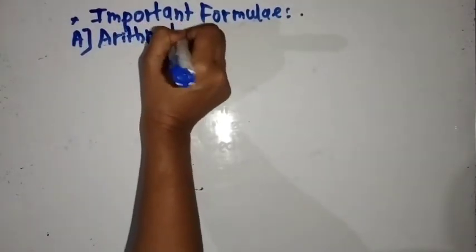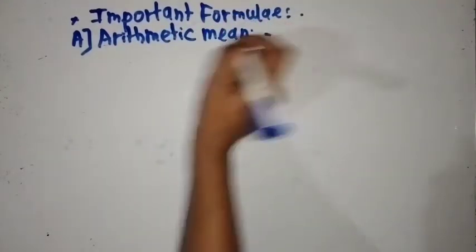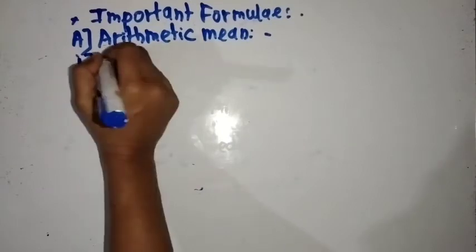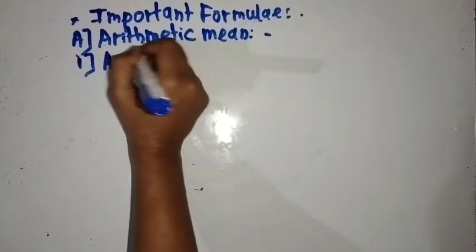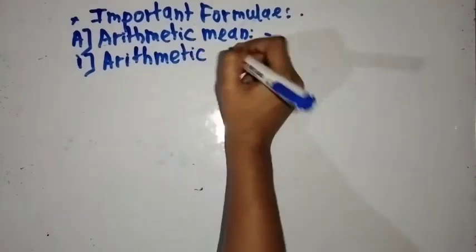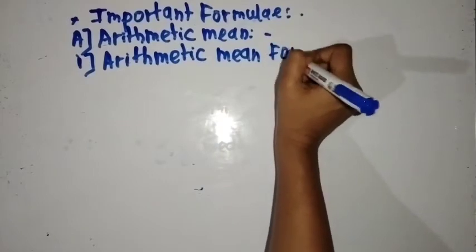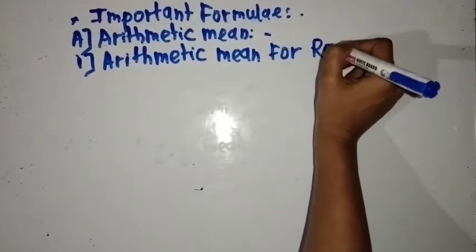How to find out arithmetic mean? So first formula is arithmetic mean for raw data.